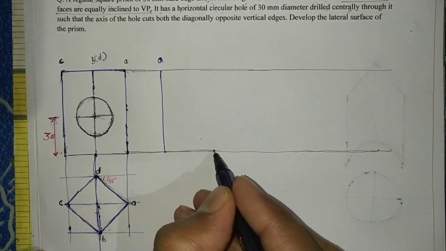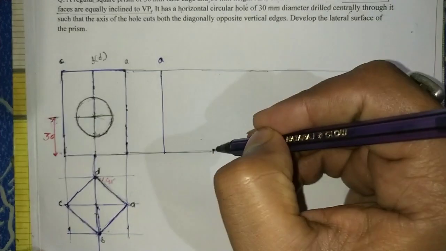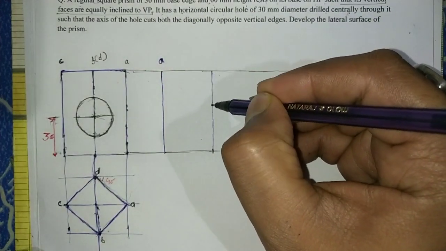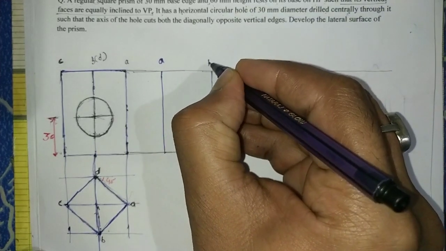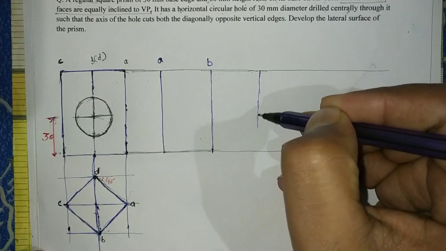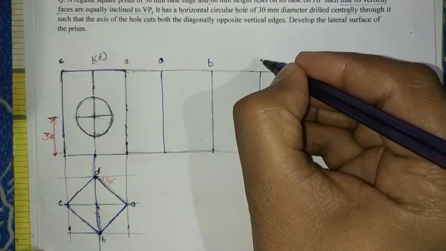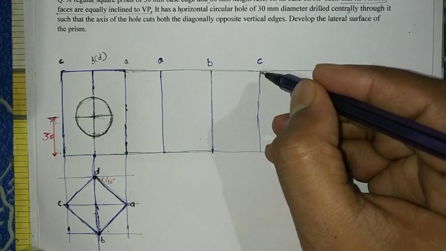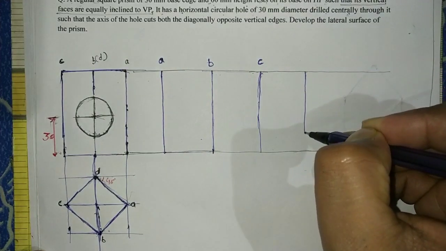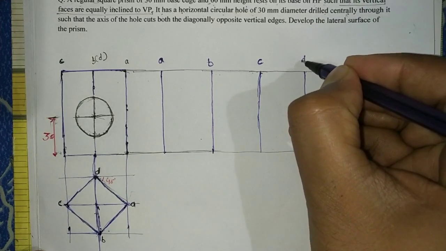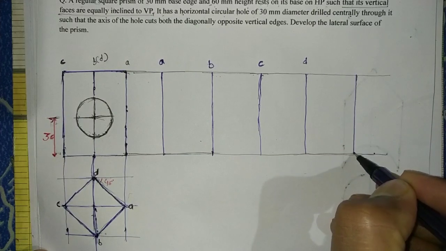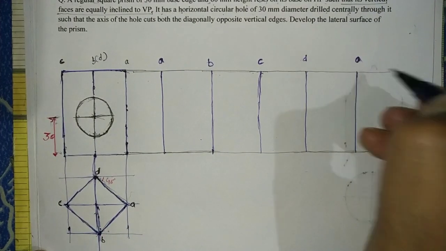So after measuring this, this is B again, C, D. Then again A. Okay.